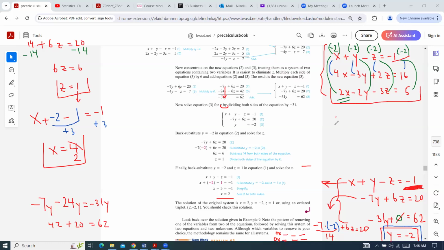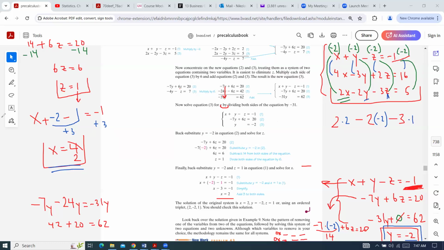So let me plug in 2, and I need to put, instead of x, the number we just found, 2, right? Instead of y, I'm gonna use what we found, -2, -2. And instead of z, so it'll be 3z, so it'll be 3 times 1.